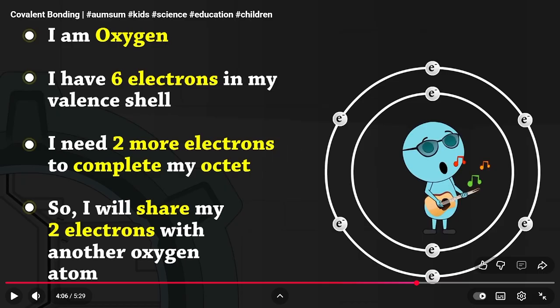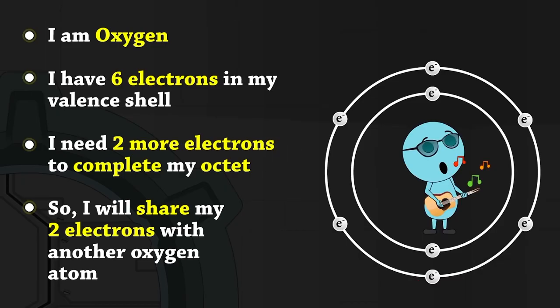Okay, so this is oxygen. How many electrons does it have in its valence shell? It has 6 electrons in its valence shell. How many more does it need? It needs 2 more electrons to complete its, what's that word for the full 8?